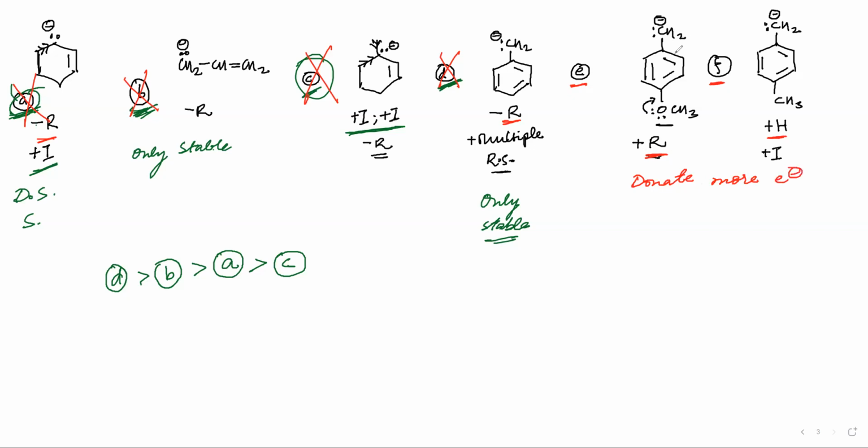That means if plus R is donating more electrons, then is it destabilizing or stabilizing? It is increasing the negative charge here, correct? So it is destabilizing. Once again, Fatima, if it donates more electrons, then this negative charge will increase. Am I right?